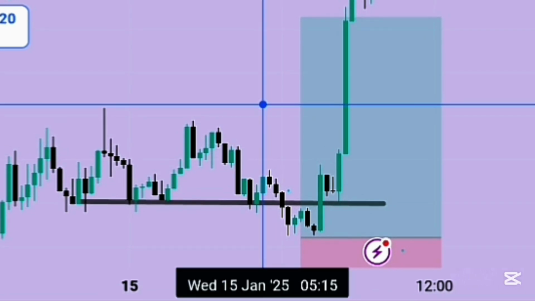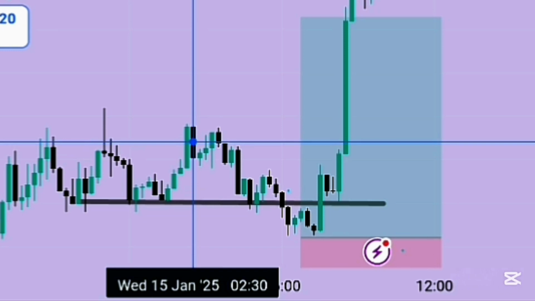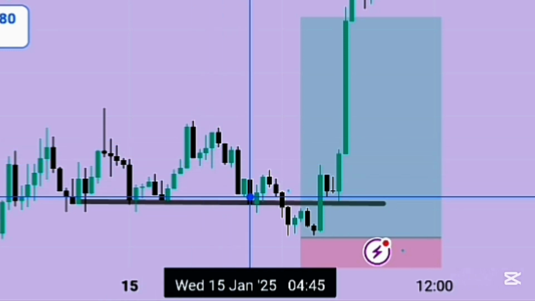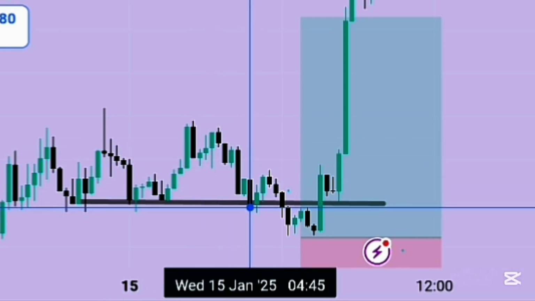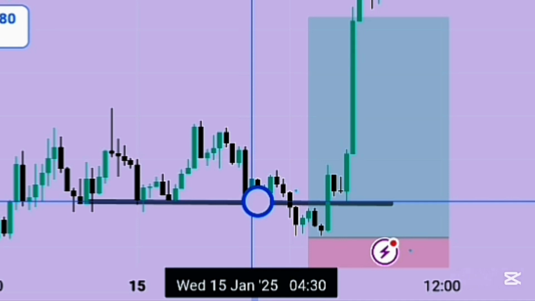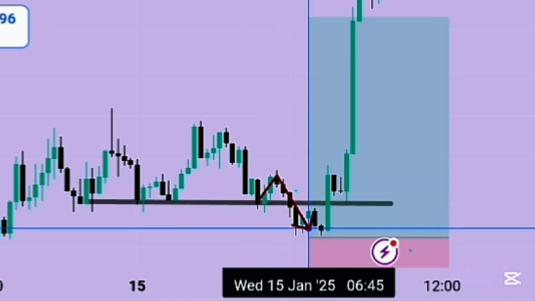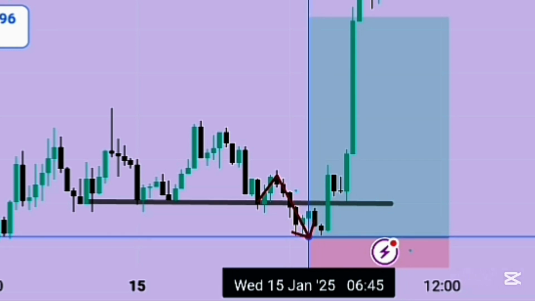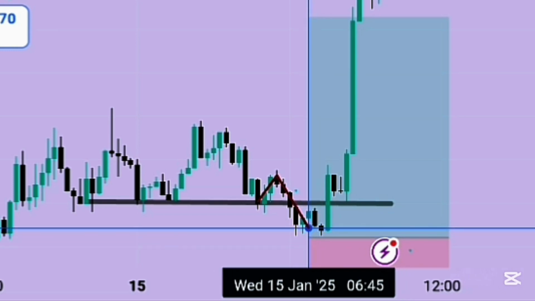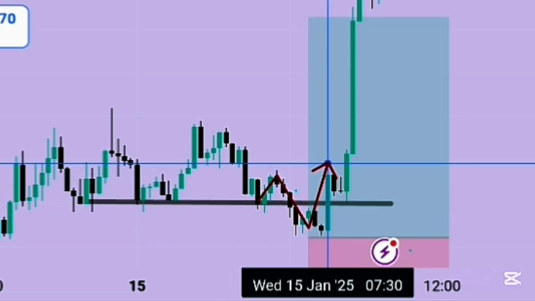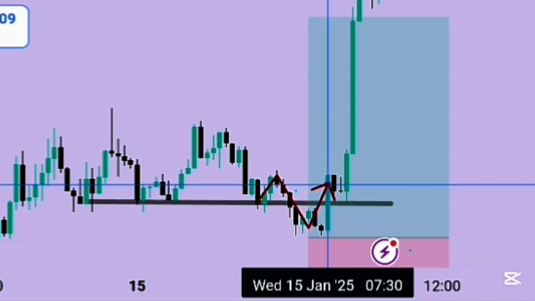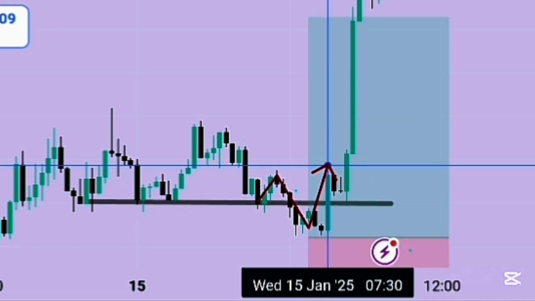So now this is it. What did I say I want to see first? I want to see a stop raid. So let us draw this. Let's have this. This is our stop raid. Okay, then after our stop raid, we have a market structure shift. As you can see, it just picked it out a little bit.